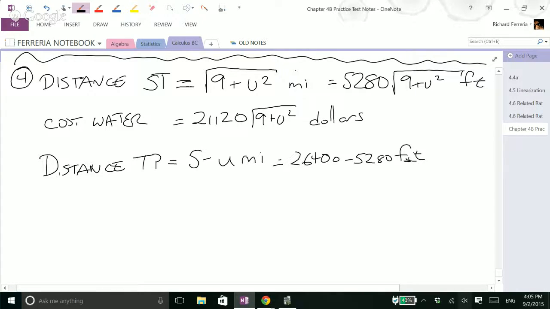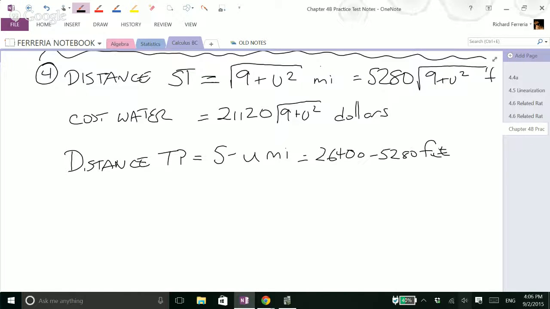Oh my gosh. Okay, there we go. Okay, at $2 a foot, how much money is this going to cost? The cost on land.